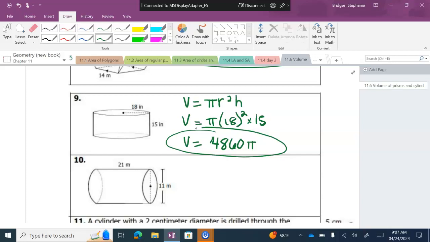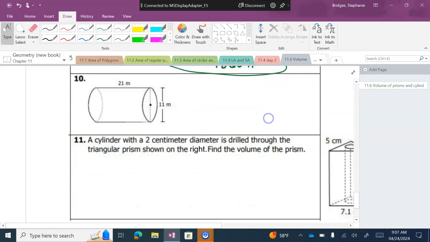So find the radius, then plug it into your formula: pi r squared times height. Figure out your radius, decide what's your height, square the radius, multiply it by the height, stick pi on it.